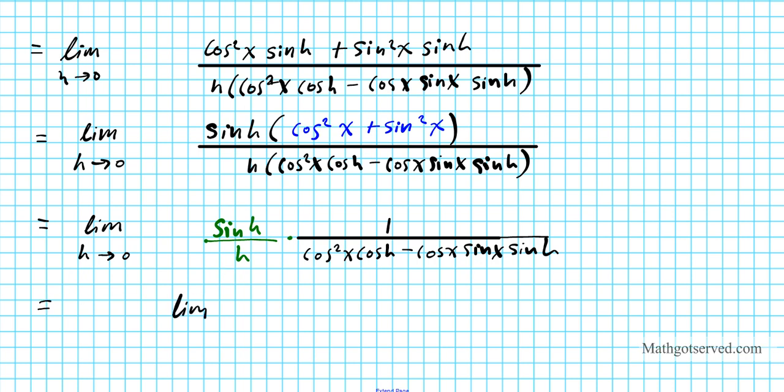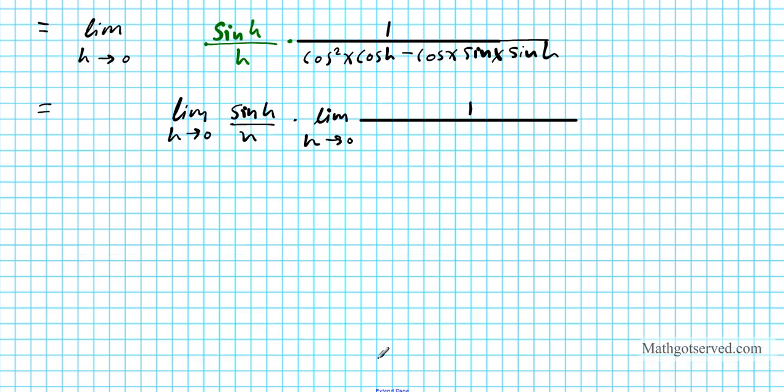We're going to have the limit as h approaches 0 of sine h over h times the limit as h approaches 0 of 1 divided by this entire denominator, which is cosine square x, cosine h minus cosine x sine x sine h.